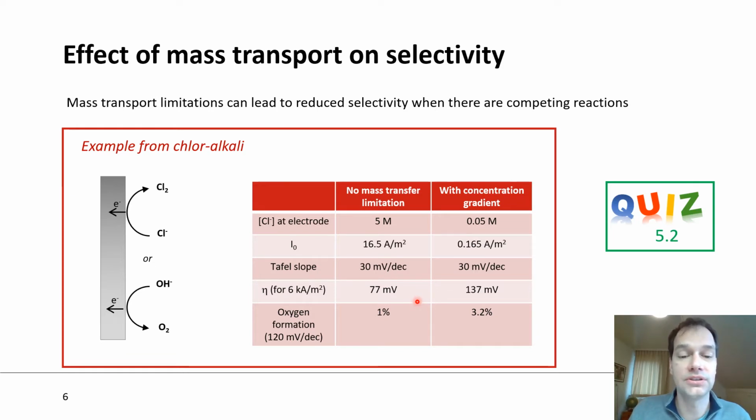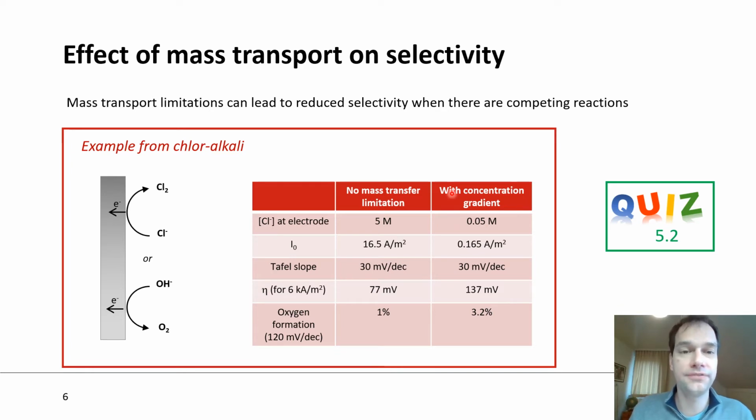Based on the kinetics of the oxygen evolution, we can calculate that that corresponds to an oxygen formation of 1%, which means we get 99% chlorine and 1% for the oxygen evolution.